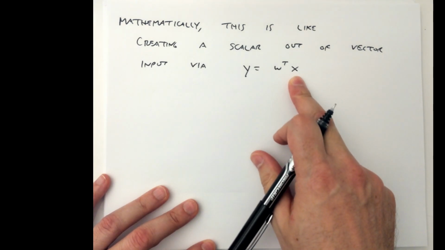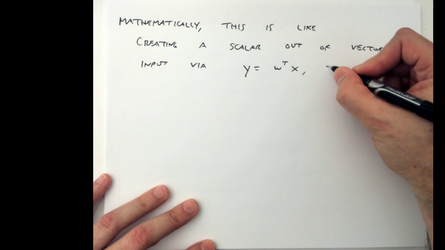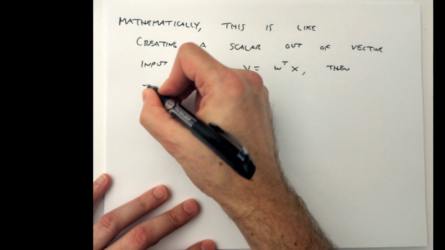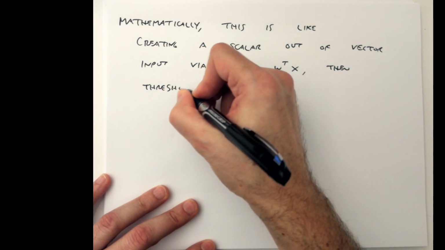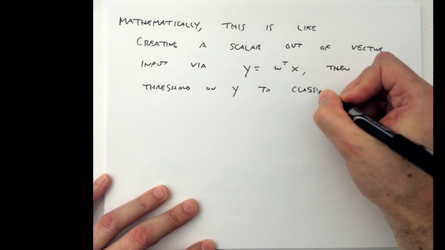So X before was a vector. After I do this, I just get a number, right? And then we threshold on Y to do the classification.